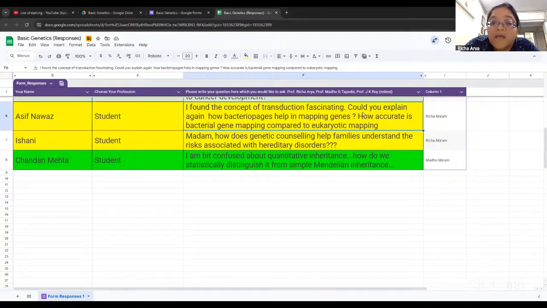As far as the accuracy of bacterial gene mapping is concerned, they are pretty accurate. The only thing is that you need different overlapping methods to confirm the minor differences that might be present. So these methods are accurate, and that is how these concise maps were initially generated. And now, when DNA sequencing is available, we also have the genome sequences, where we clearly know which base is where and which gene is where.